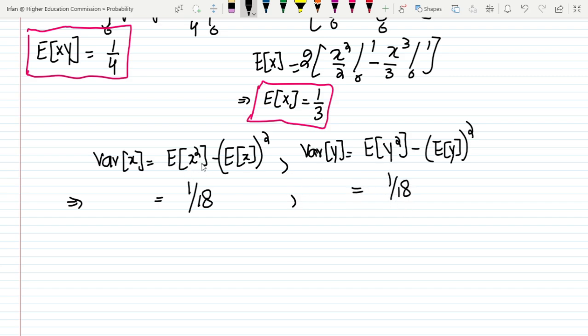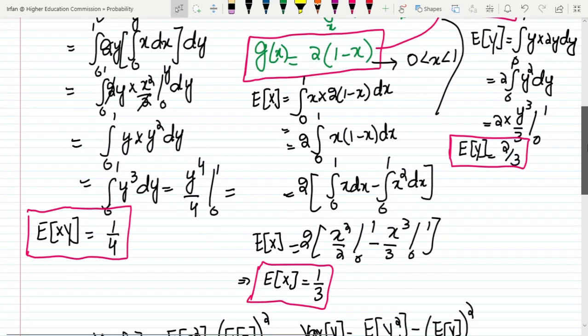Why? Because you have to calculate the value of E of x squared. The same will be followed here, as we have done here. We just have to use this here in order to find the square term. You have to square it.